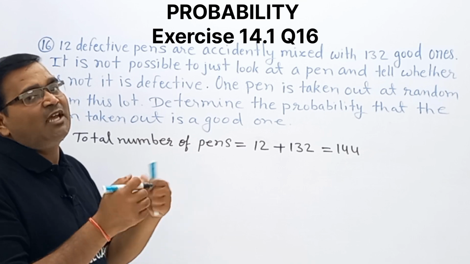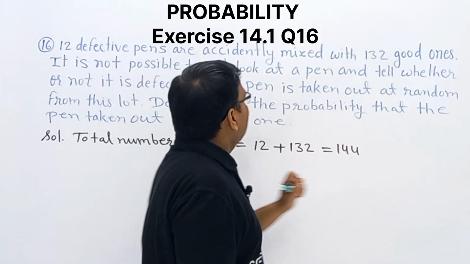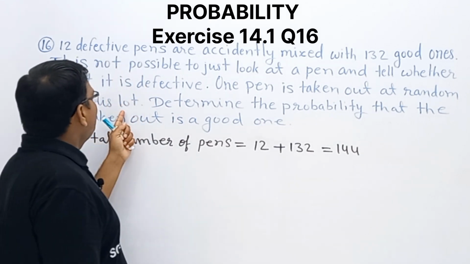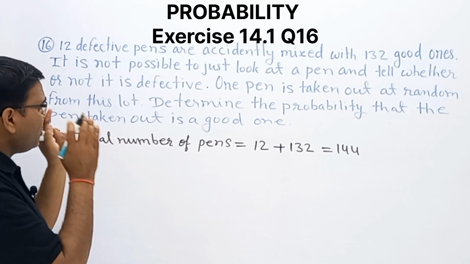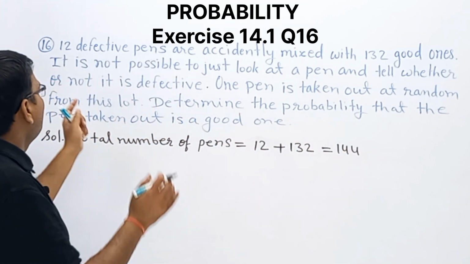One pen is taken out at random from this lot. Now, once we mixed, we are having a 144 pens lot.